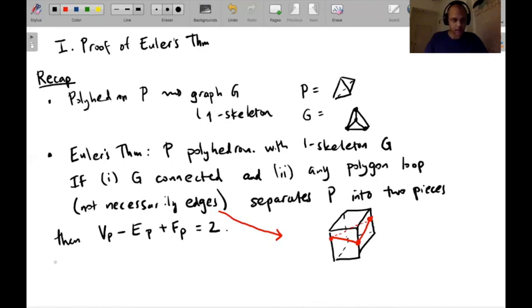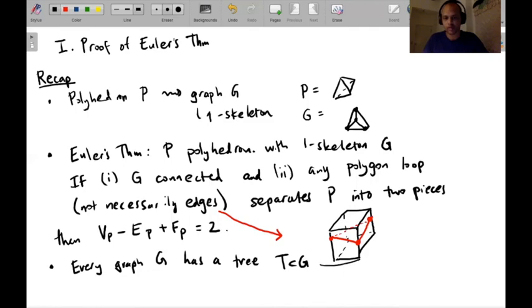Let me mention a couple more things that we discussed last time. Every graph G has a tree that contains every vertex.